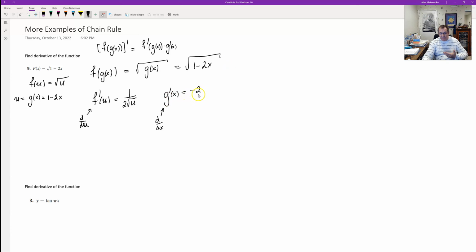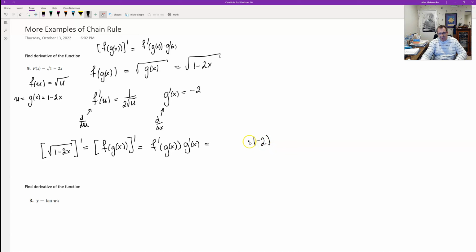So here we go. Now we start putting it together. The derivative of square root of 1 minus 2x is equal to the derivative of f of g of x, which is equal to the chain rule. And now we start the substitution. Instead of g prime of x, we'll just put -2 because that's what it is. And instead of f prime of g of x, we will put 1 over 2 square root.